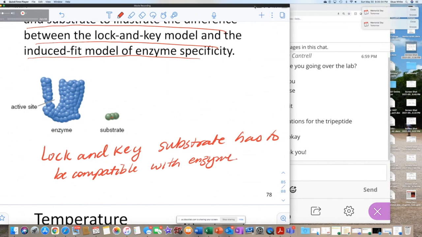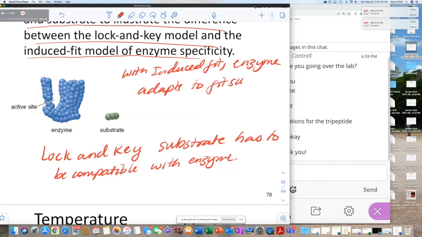Okay? I'll write up here: with induced fit, the enzyme adapts to fit the substrate.